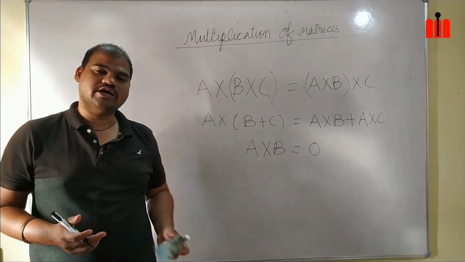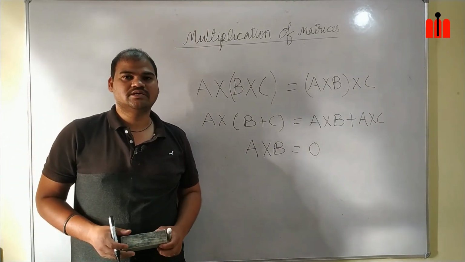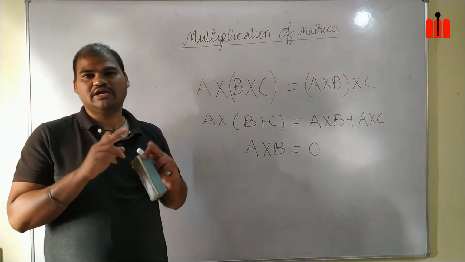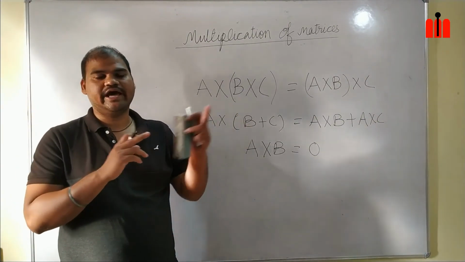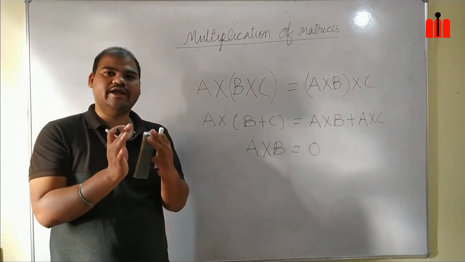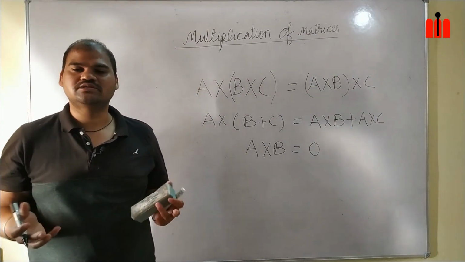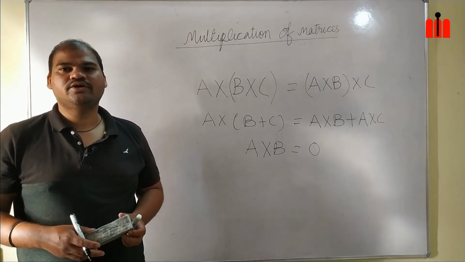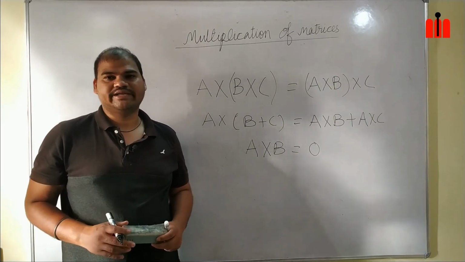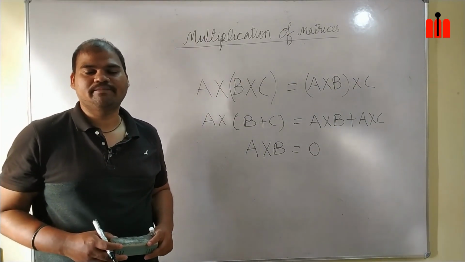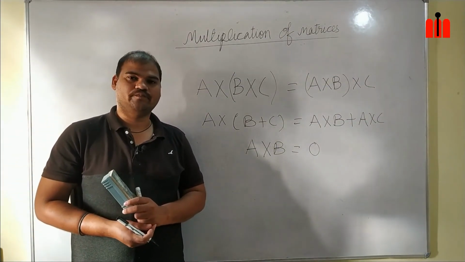It may happen that an entire row multiplied with a column and added up results in 0, rather than the actual values of the rows and columns being 0. So when the multiplication of two matrices is 0, it's not mandatory that either A is 0 or B is 0.